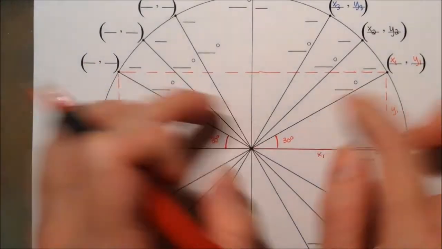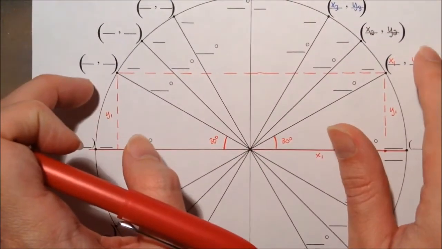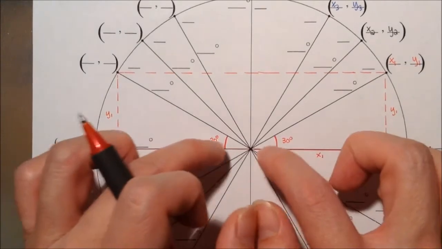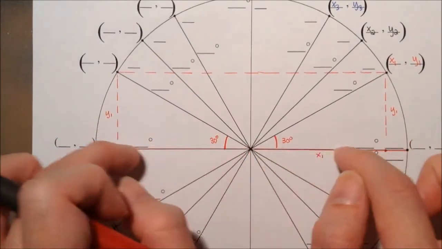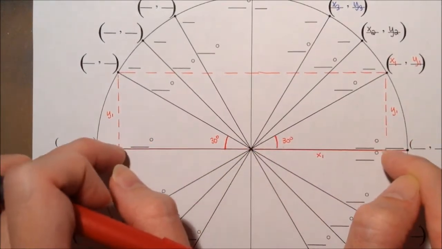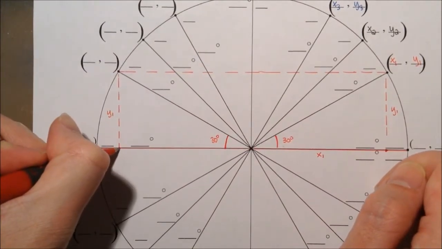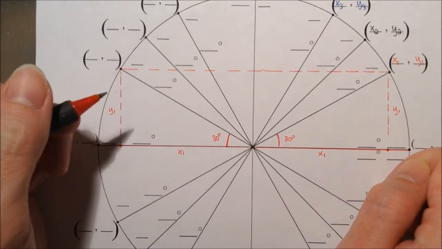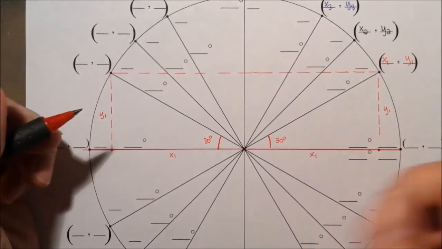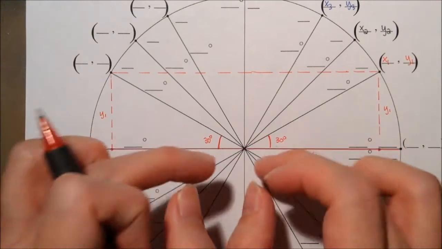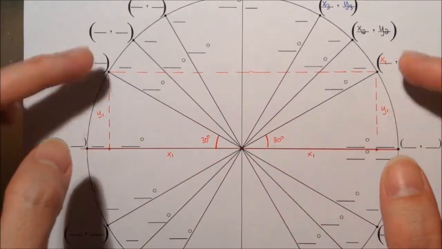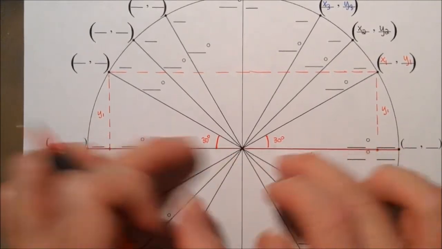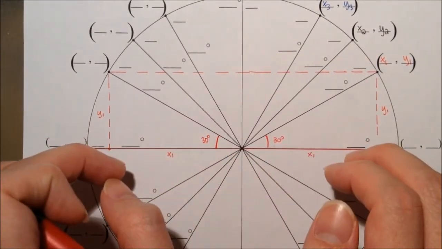If these two are the same height and it's 30 degrees, just like triangles, then the length from the center to these points right here should be the same distance as x1. Logically speaking, if they're both 30 degrees and the same height, then these two are the same horizontal distance.